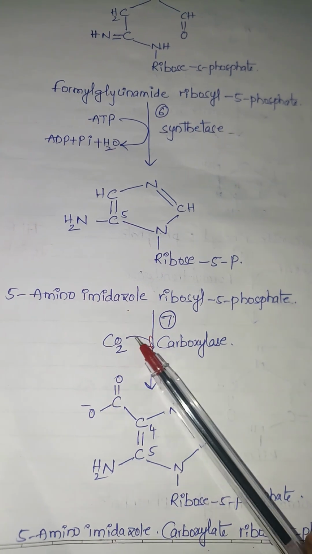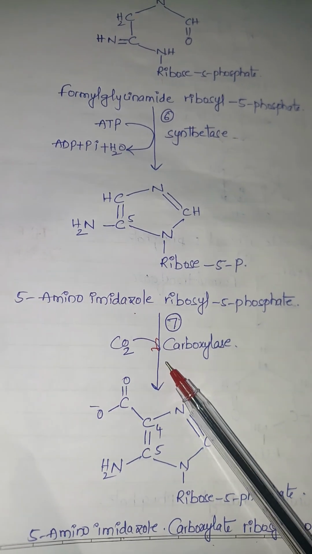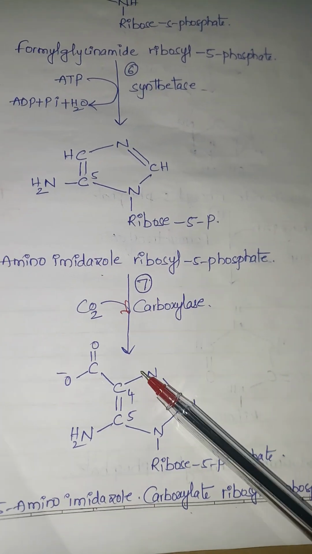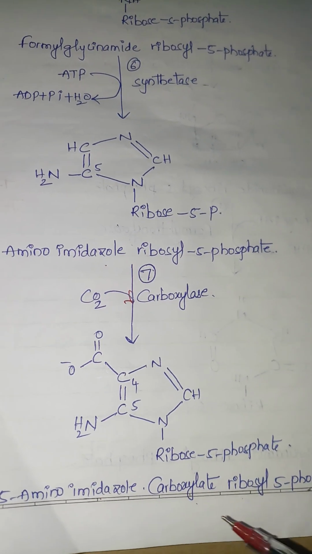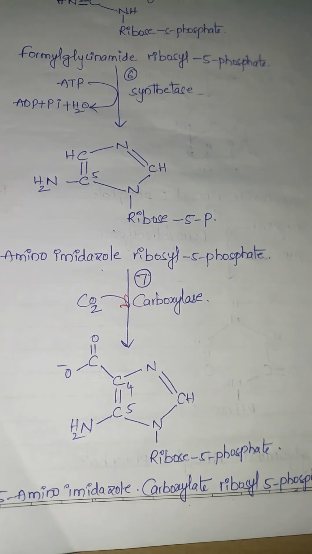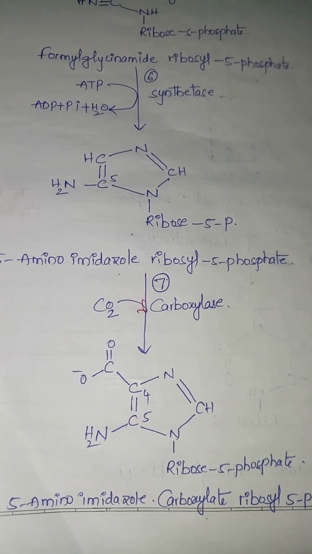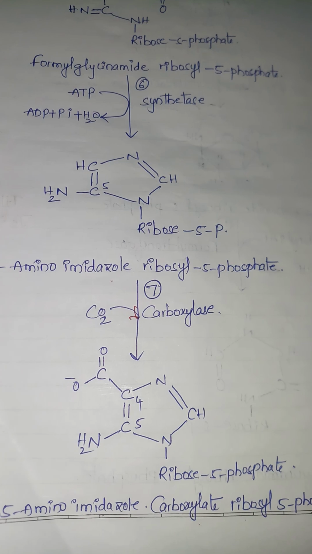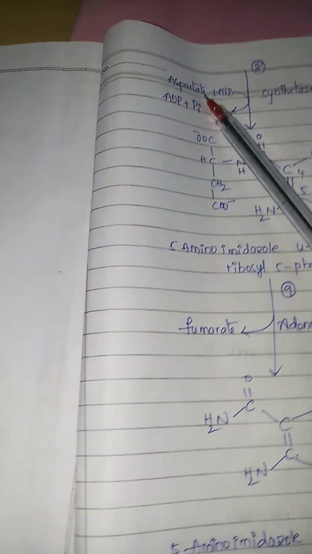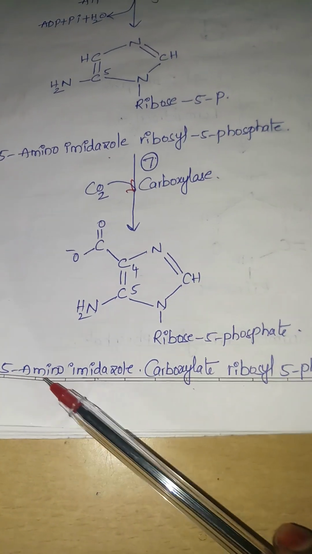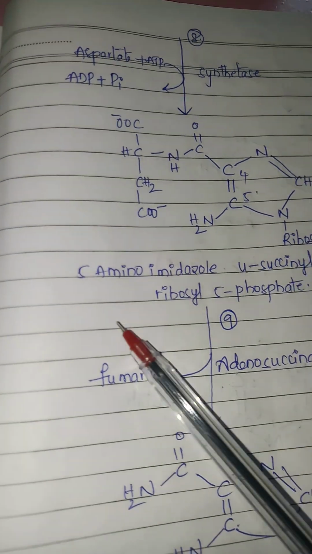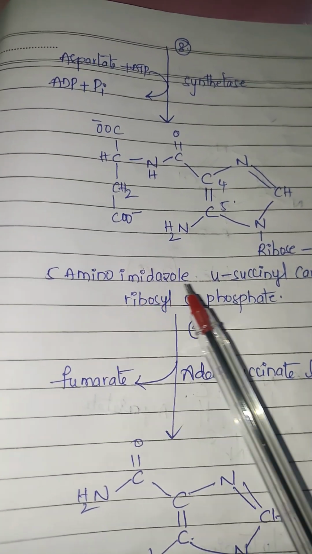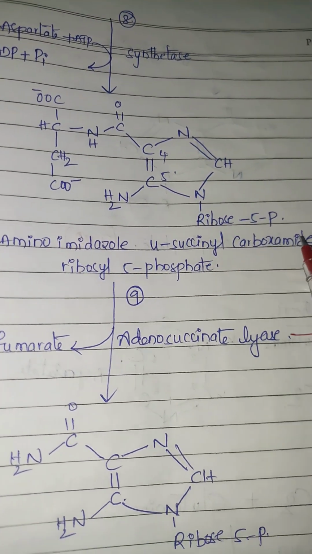After that, carboxylation finally forms 5-aminoimidazole carboxylate ribosyl 5-phosphate. Aspartate condenses with it and finally forms 5-aminoimidazole 4-succinyl carboxamide ribosyl 5-phosphate.